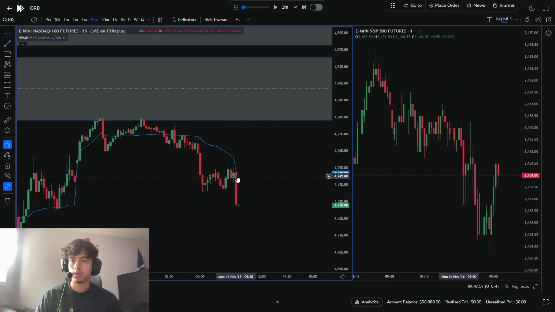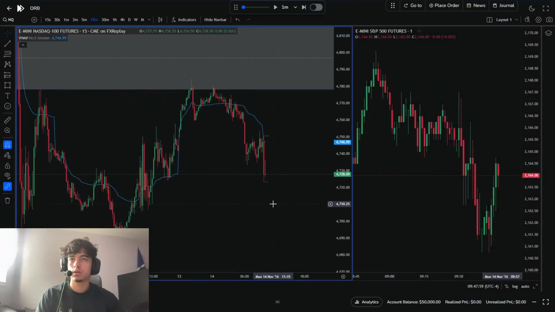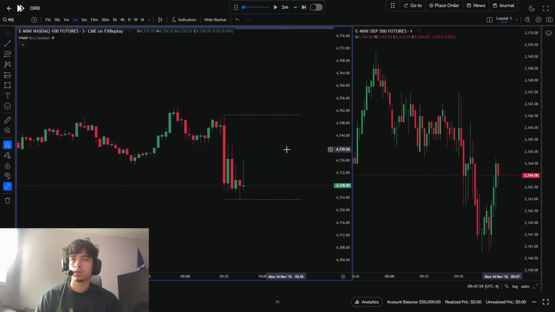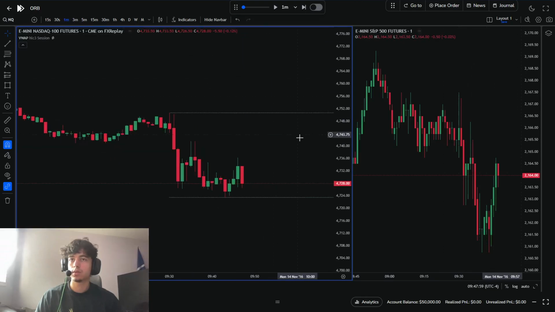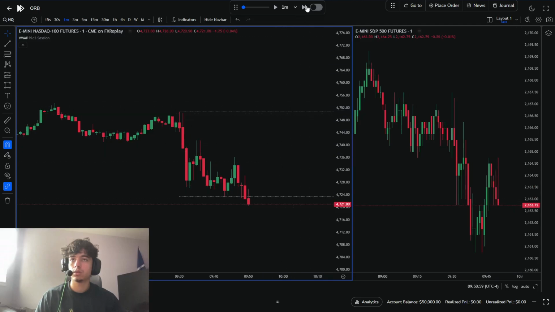Okay, so this candle, 9:30, what the hell is this? There we go. So the 9:30 candle, let's wait for a close in any direction. So we got a close on the 1 minute.